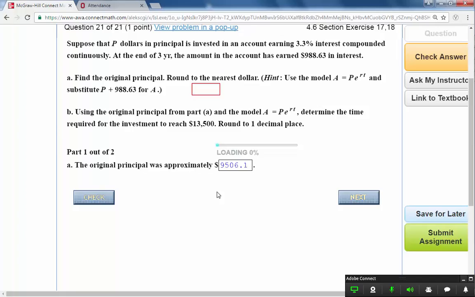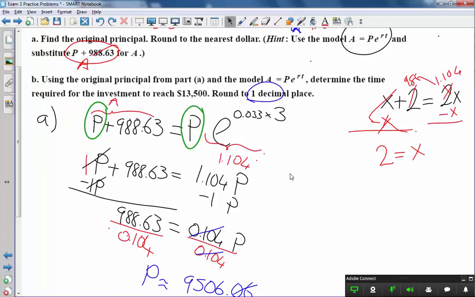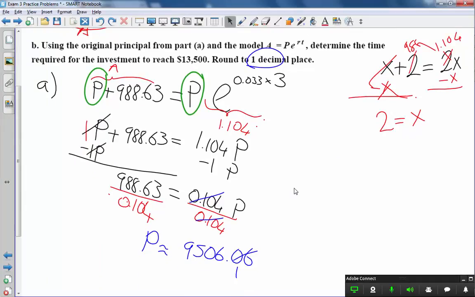First, let me compare. It's the same question. No, it's not the same. Yeah, it is. It's 9,505. If you don't round the .104, it's 9,500 instead of 9,506. Okay, just take more digits on this, just to be safe.